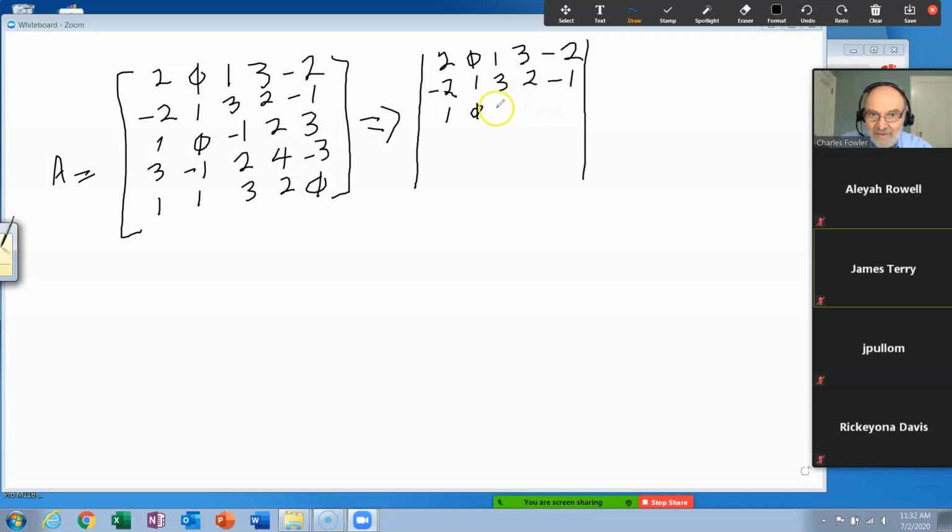Again, linear algebra is a lot of repetition of a lot of stuff, so you just have to slug your way through it. Now, row 4, we want that 1 to change. How do we make that happen? Yeah, row 2 plus row 4 becomes the new row 4.